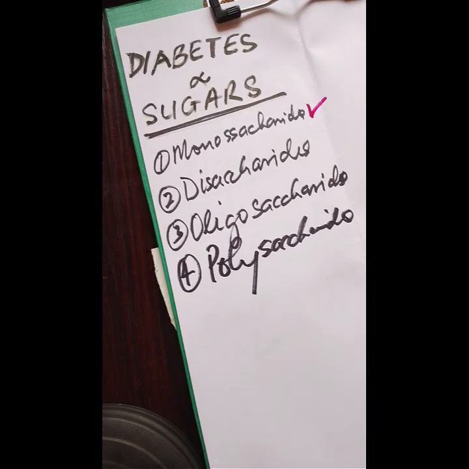And glucose enters the cell based on two conditions: one, insulin is present in the blood, and two, the cells are sensitive to insulin.